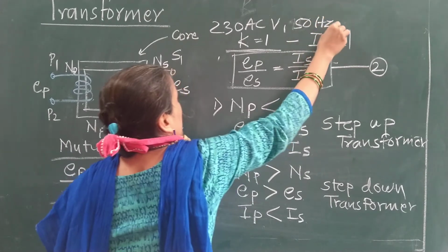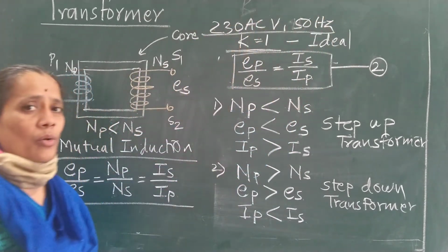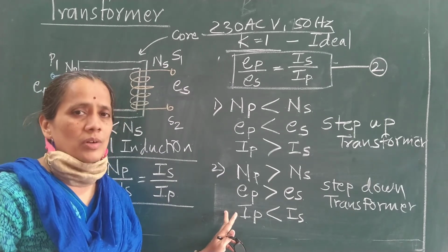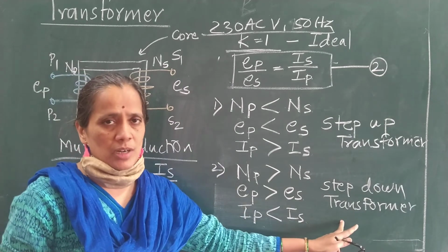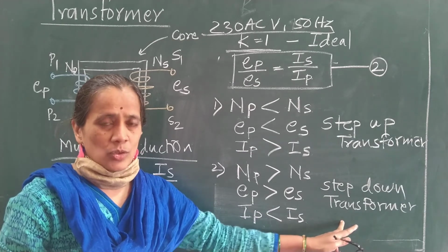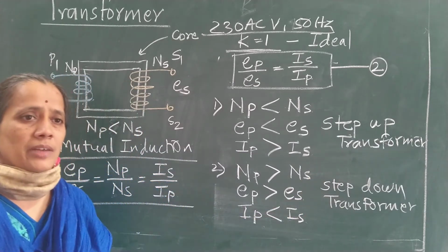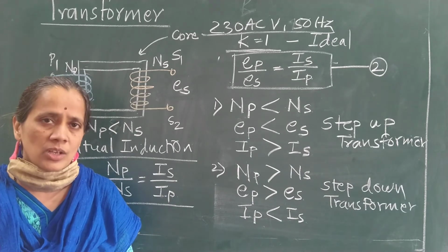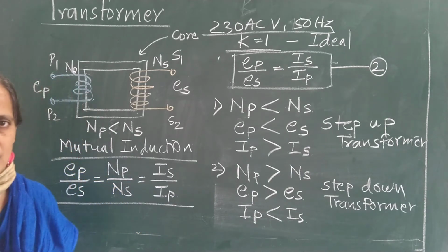So, this high voltage 230 AC volt will be stepped down to 5 volt with the help of a step-down transformer. So in that manner, the transformer device is very important in all electronic and electrical devices.